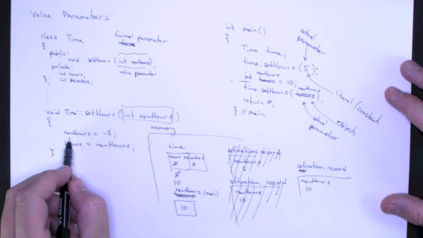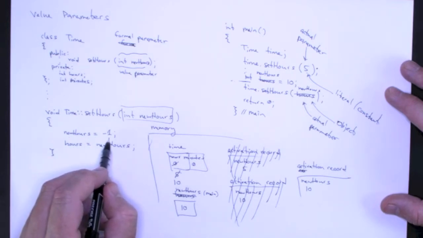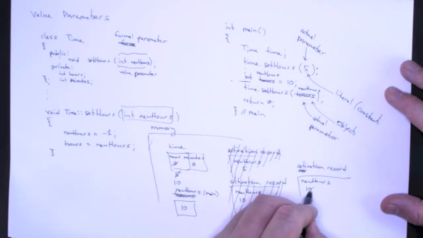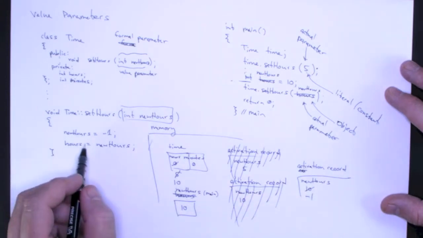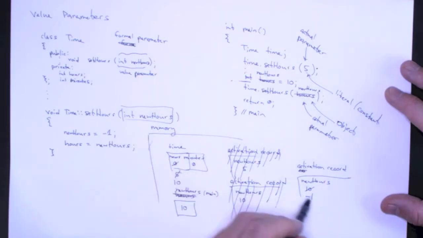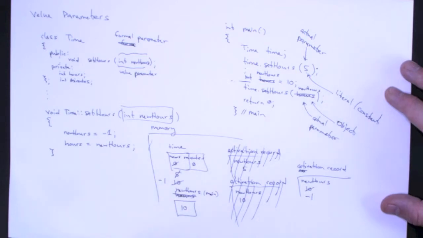Well, the first thing I do is I change new hours to -1. I'm not changing this local variable here in main. I'm changing this parameter, new hours. It gets set to -1. And now when I do this assignment, new hours, the parameter has -1, and that's what I'm storing in the private data member hours.